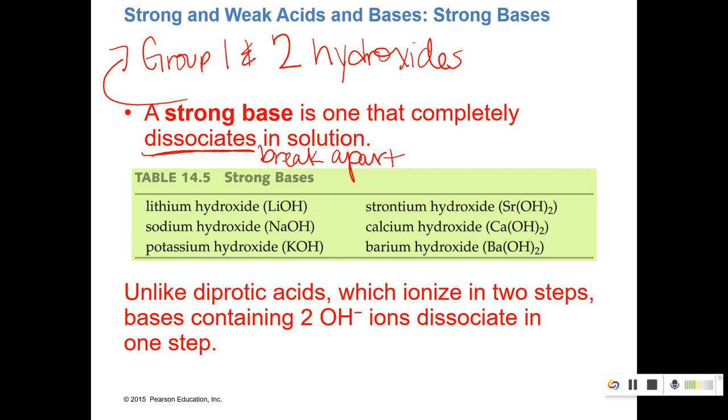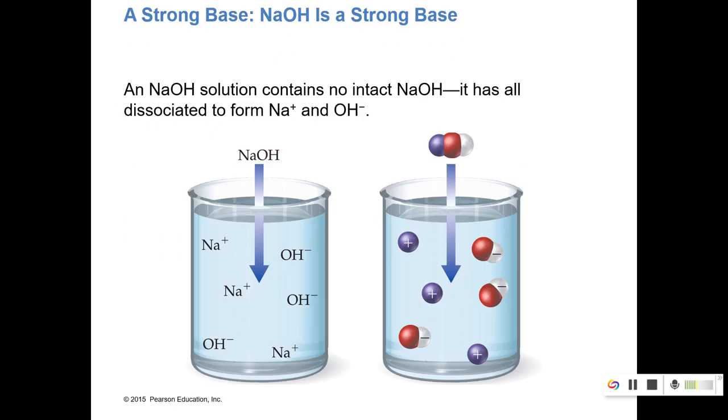Then down here at the bottom, remember acids break one at a time, but bases don't. Bases will break completely. So all of these over here where there's this 2 subscript, they're going to break completely into 1 barium and 2 hydroxides because of that 2 subscript. Acids do not do this, only bases.